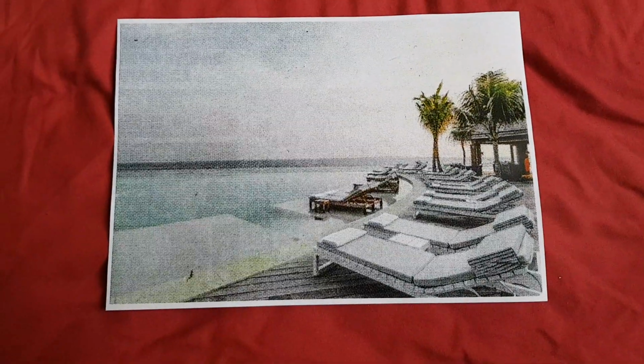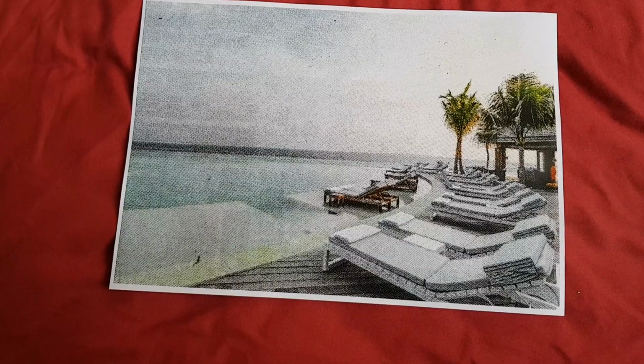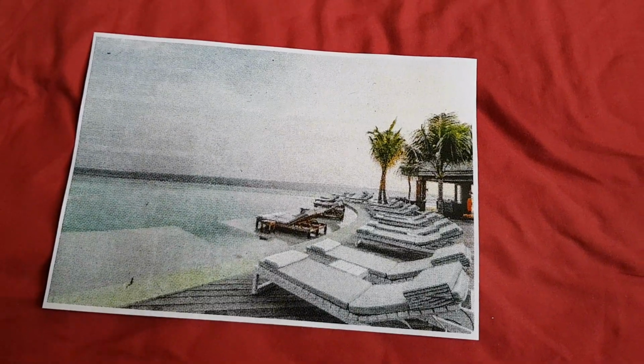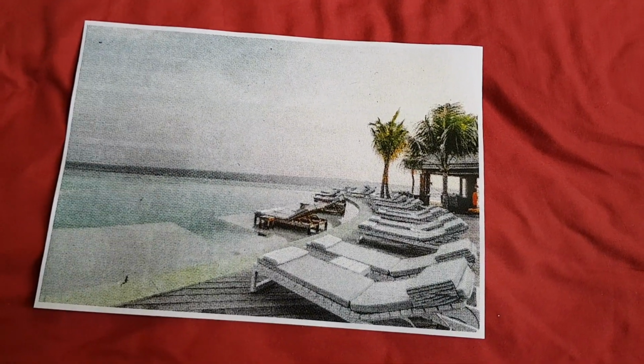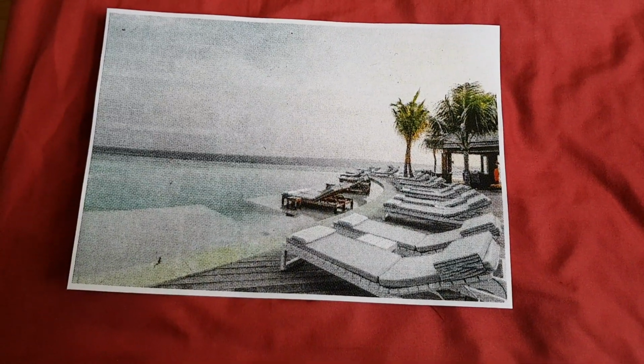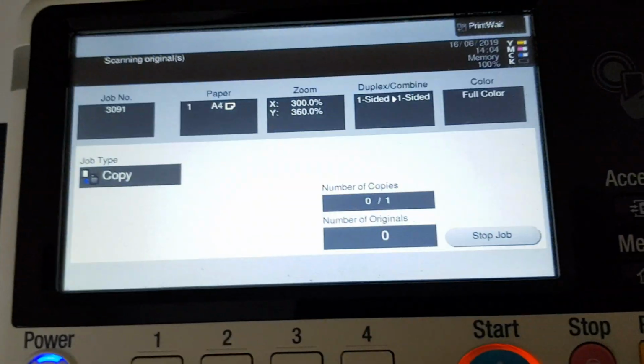There we got something more interesting. But that's the Maldives. So I'm wondering where the centre of the job is going to be. Maldives.